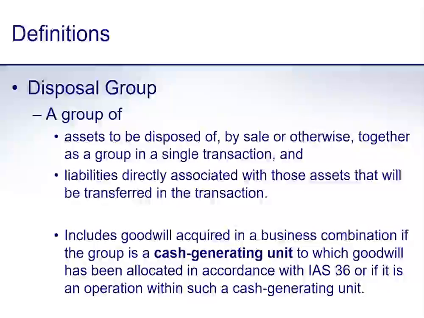Now, this is not to say that if I decide that I will hive off a particular division, but I will keep back some of the liabilities that relate to that division, that I don't meet the definition of a disposal group. You can choose to structure your transactions in that particular fashion, take some things out and dispose of the rest.